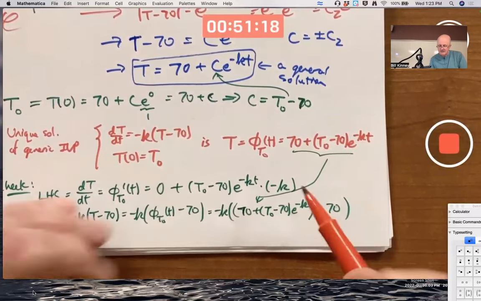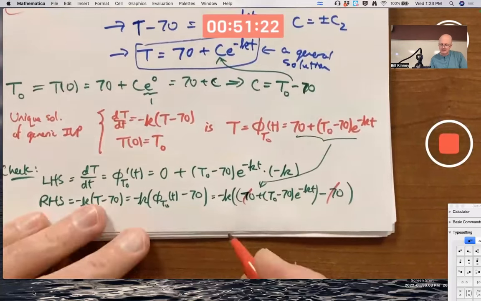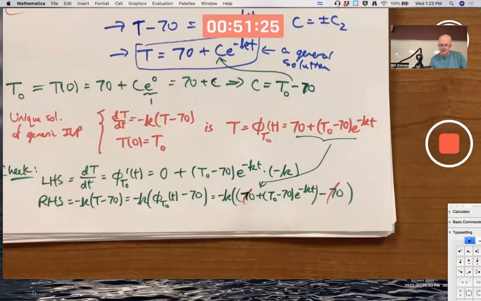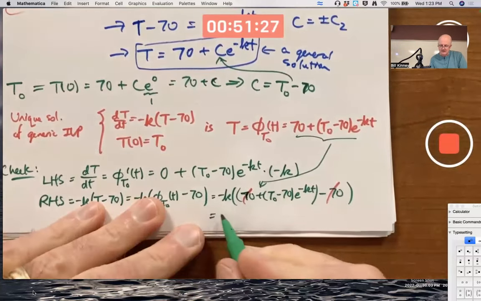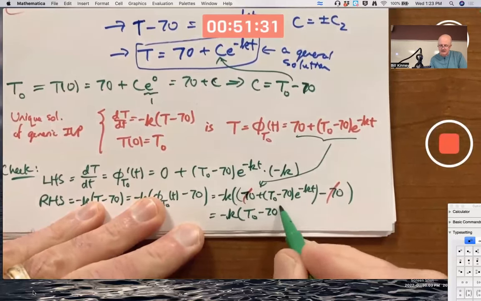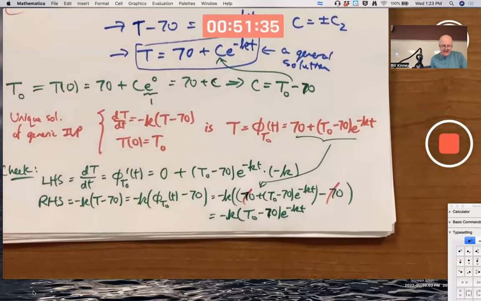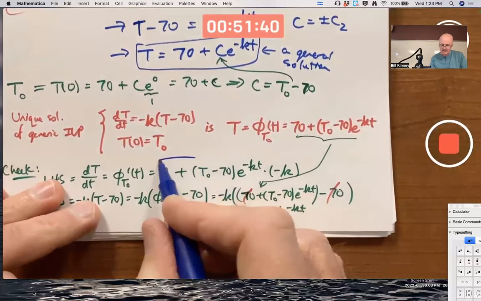The 70s cancel there and there. This simplifies to negative k times, in parentheses, t naught minus 70, e to the negative kt. The exact same thing that you see here. These are the same.